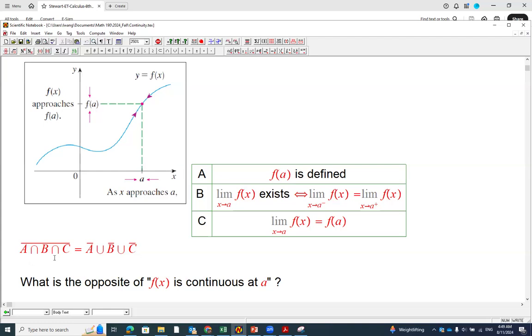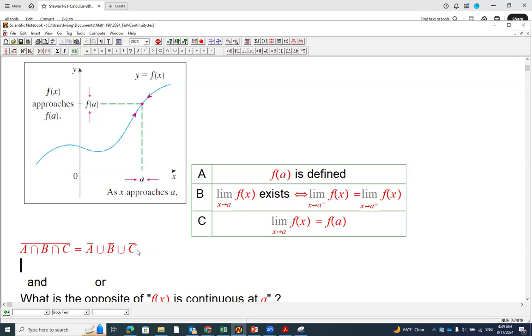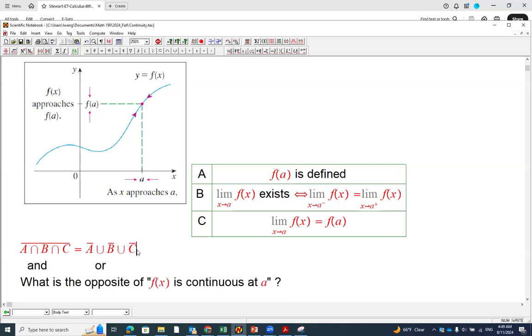So these are read as and, right? And the union means or, right? The opposite of A and B and C is not A or not B or not C. So this or relationship will tell us that there will be many cases for not continuous.